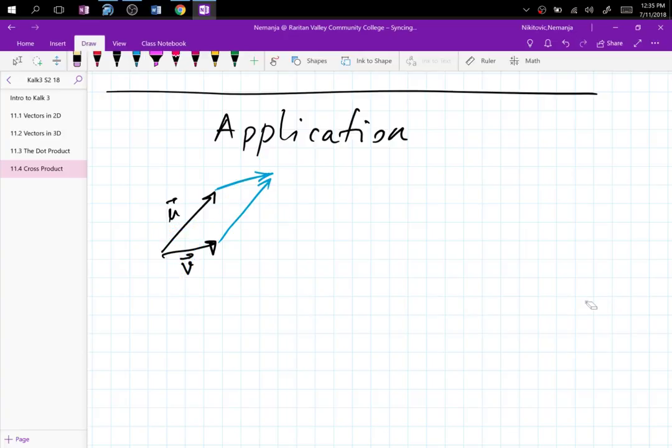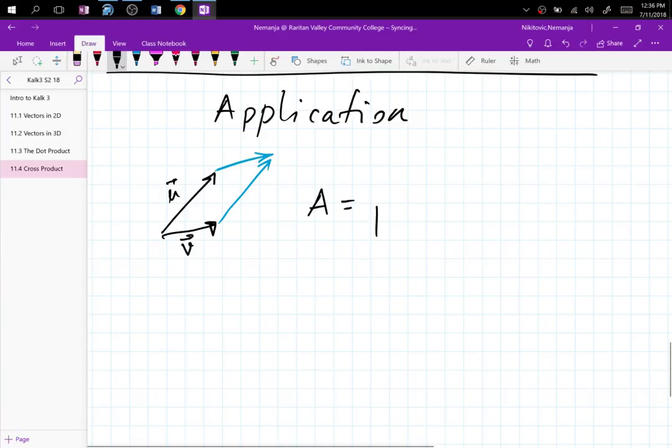So now, the area of this parallelogram is simply the magnitude of u cross v.